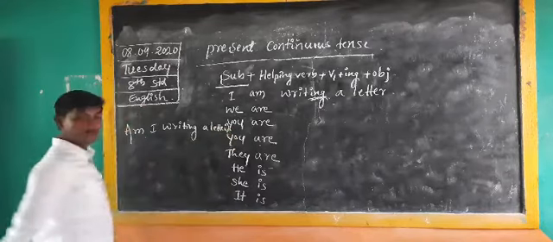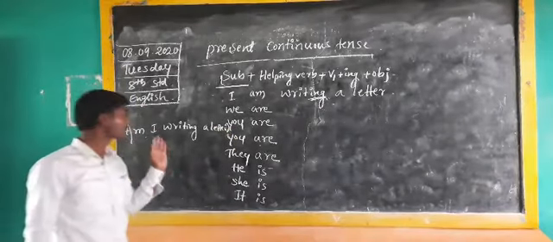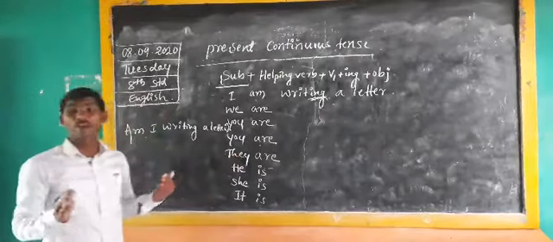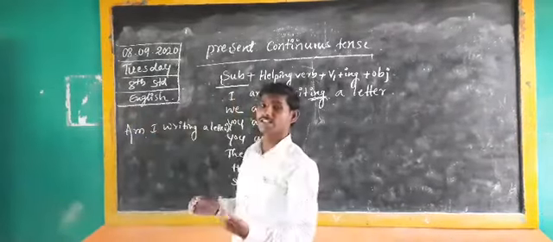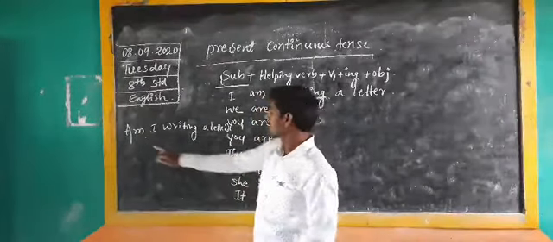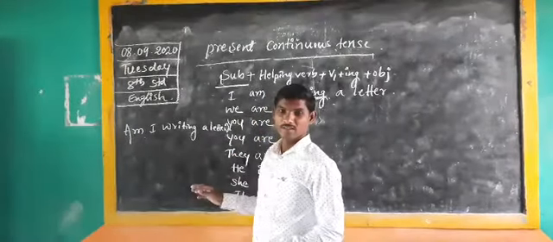Put the question mark. Why? Because it is a question sentence, an interrogative sentence. When the helping verb comes first, it is considered a question sentence. Am I writing a letter?